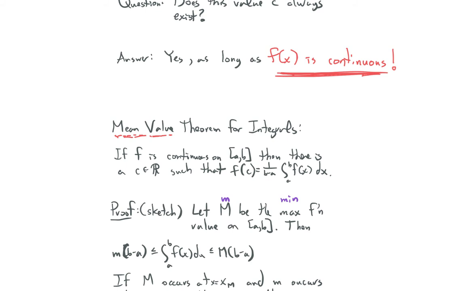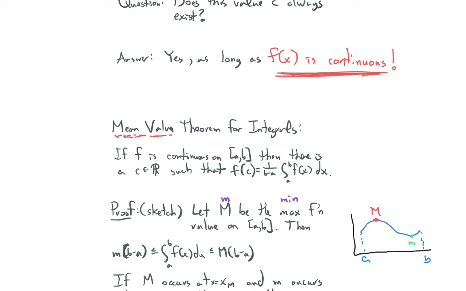So what does that give me? Well, it says that this integral must be between little m times b minus a and big M times b minus a. And let me explain why. Let's say our function is in blue here, something like that. There's our a, and there's our b. Well, our maximum value is here, and our minimum value, which I'll do in green, is there.